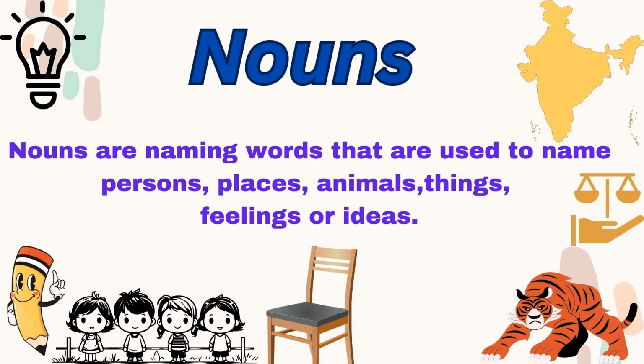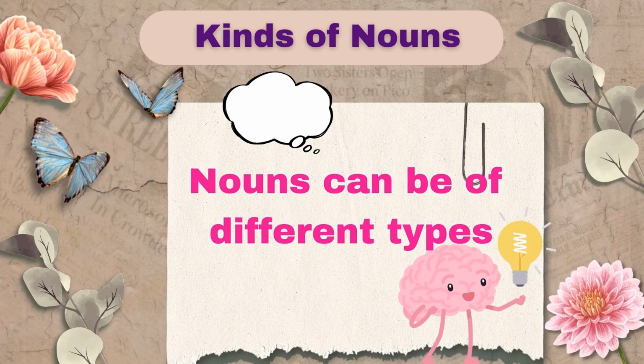Animals: dog, cats, tiger. And things, for example pencil, pen, mobile phone. Feelings or ideas, yes, nouns also cover these two things. So to understand this we will see in the next slides, and here we go.